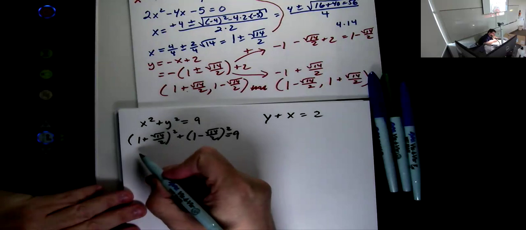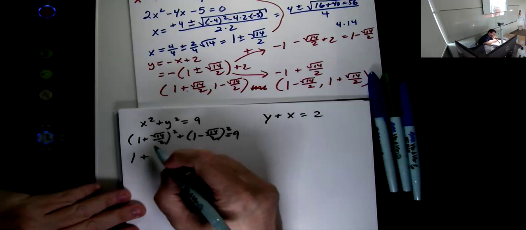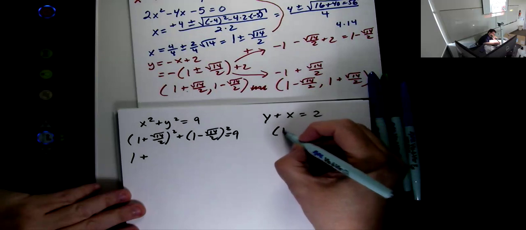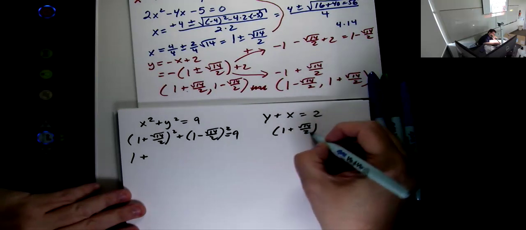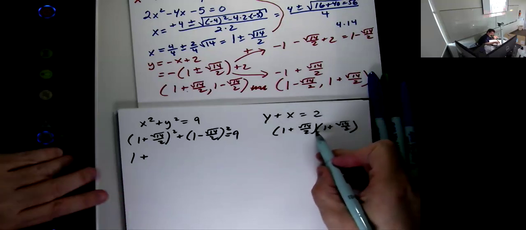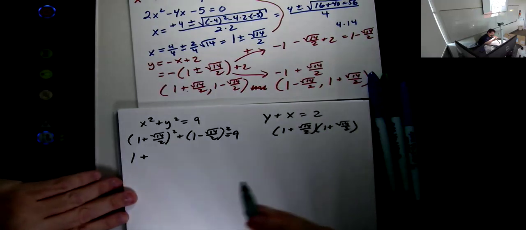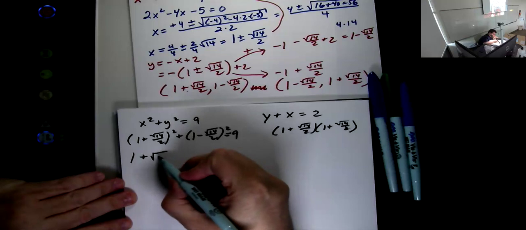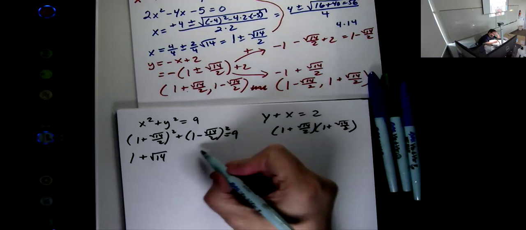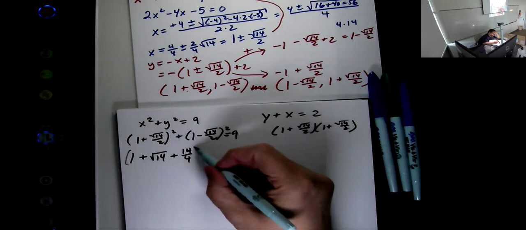This is 1 plus, let's see, if I'm distributing, I've got 14/2 and 14/2 is just a root 14. And then multiplying these together, I have plus 14/4. That's the first parentheses.